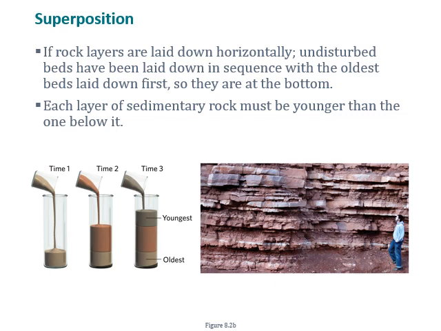So in the figure on the left, you have an example of pouring some sand or sediment into a glass beaker, and we understand that if we do this, then the oldest sediment, or the first sediment poured, is on the bottom, whereas the most recent sediment poured is on the top, which would be the youngest. And here's an example in an actual rock outcrop on the right.